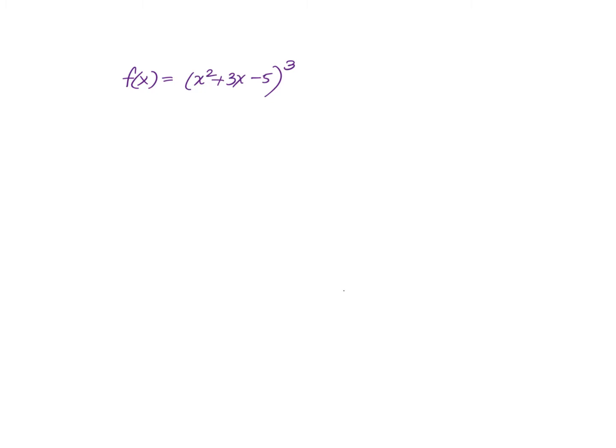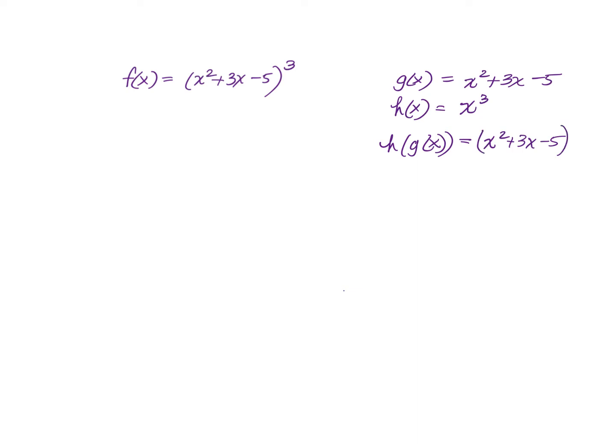So I'm going to let g of x equal x squared plus 3x minus 5, and h of x be x cubed. So I could rewrite f of x as h of g of x. Correct? That would be x squared plus 3x minus 5 to the third power.